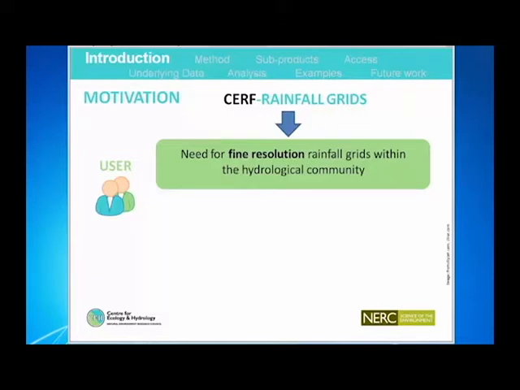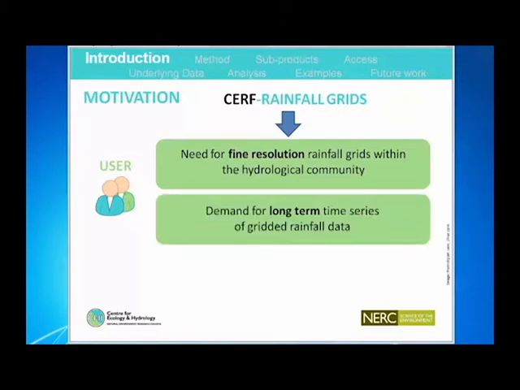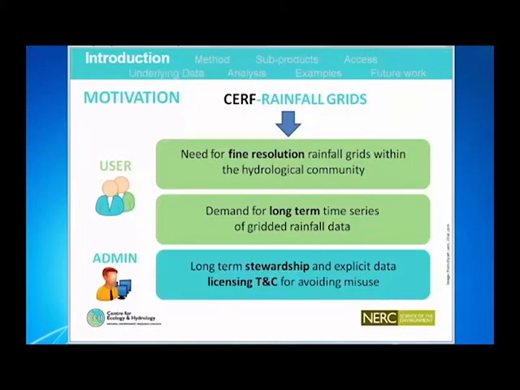And also we identified a demand for long-term time series that goes back into historical data. So that's from the user point of view, but from the data management point of view, we realized that we needed to have a strategy for long-term stewardship and also explicit data licensing terms and conditions to avoid misuse.